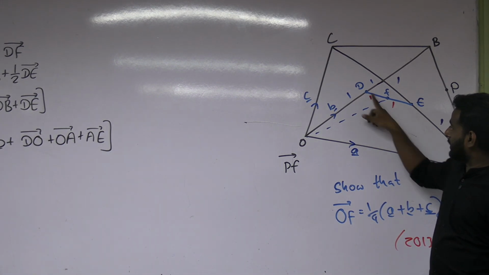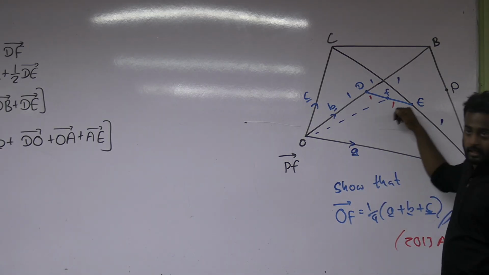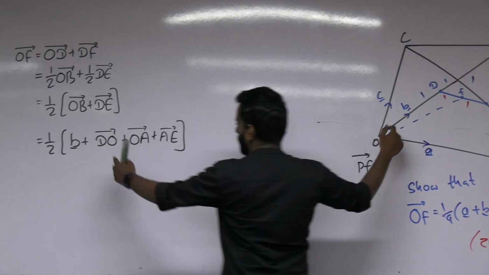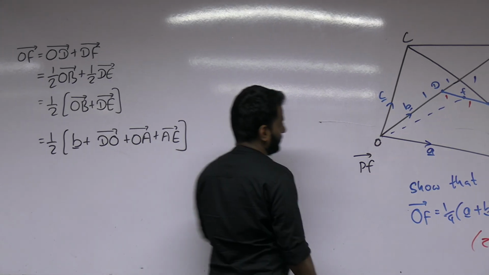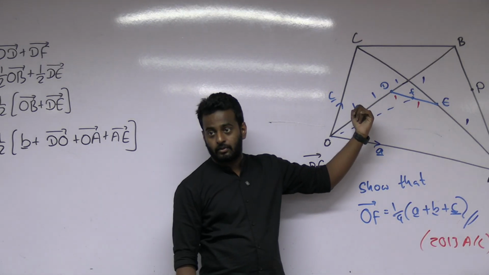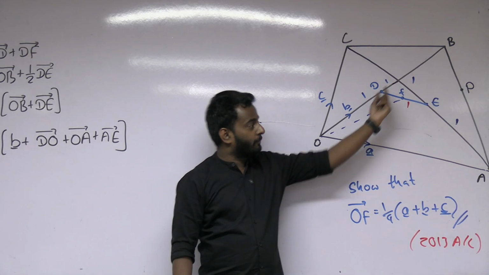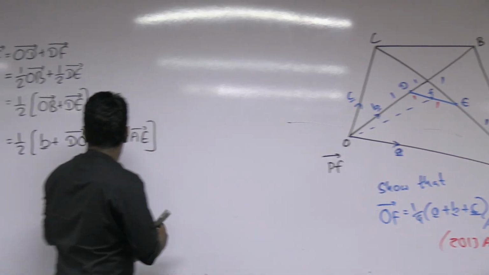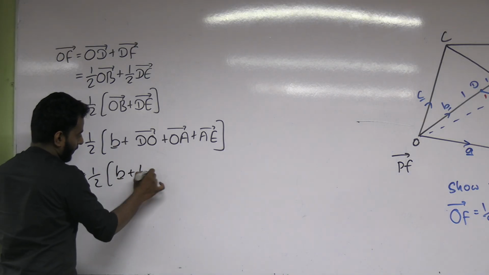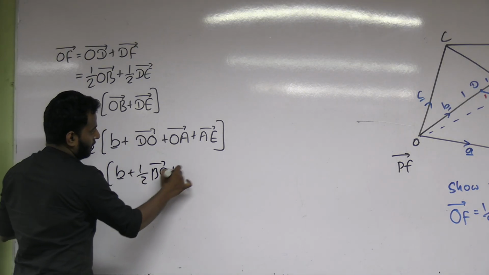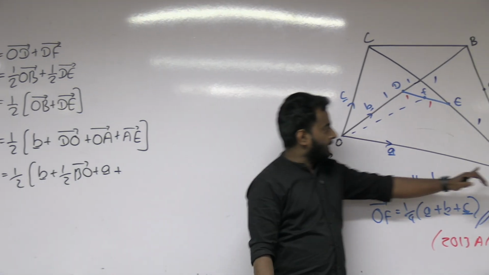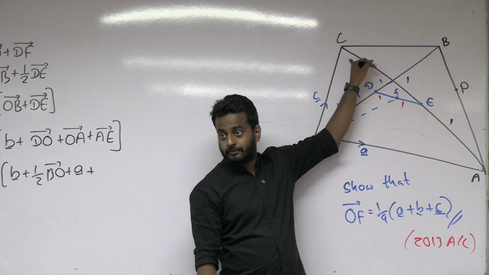So DE is DO, OA, AE. Now DO, what is DO? DO is a portion of BO, so we can write it as half BO. So this is half into B plus half BO. OA of course we know is simply A, and AE is a portion of AC, it's half AC.